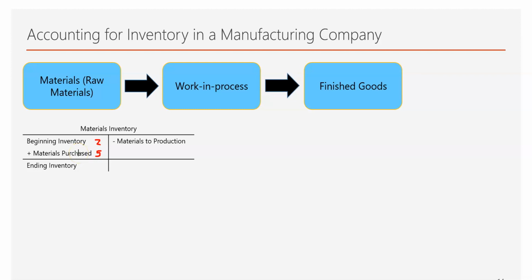So my cost of materials available for use is $7. Now let's say I transfer $3 to the production floor. How many materials do I have left in ending inventory? I have 7 minus 3, 4. So my ending inventory for the period is going to be $4.